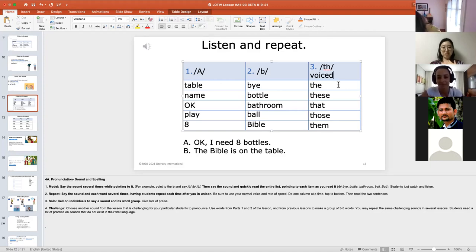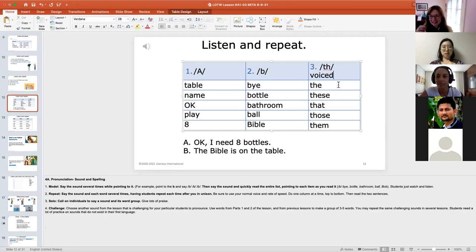One thing I've even done when teaching the TH sound is I'll take a little bit of paper and put it on my tongue. And when you make that sound, you can throw that little piece of paper off of your tongue. Sometimes that's a fun exercise we'll do in class.